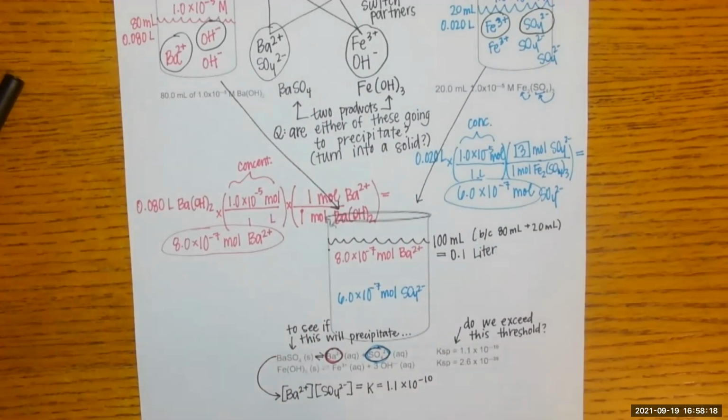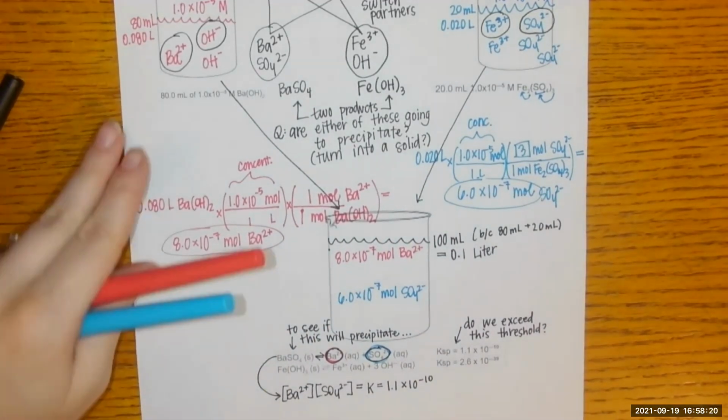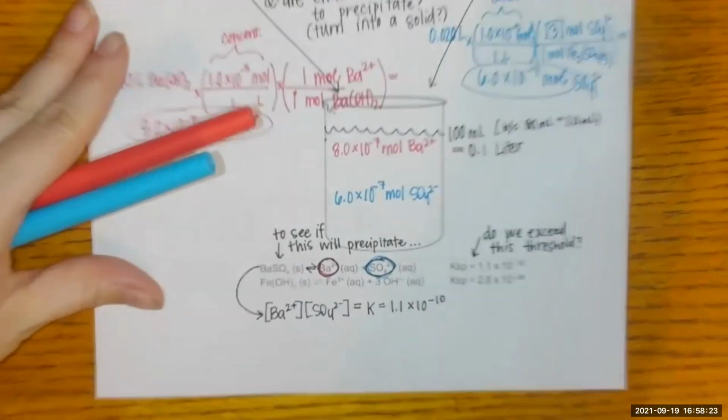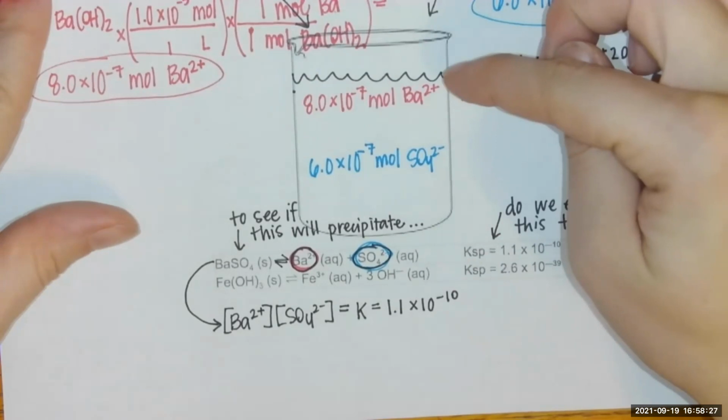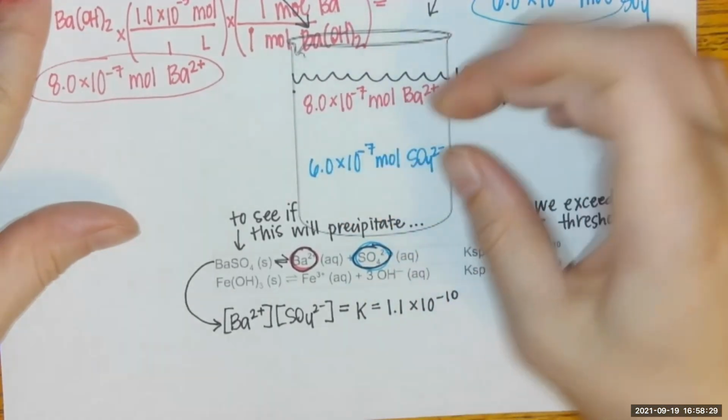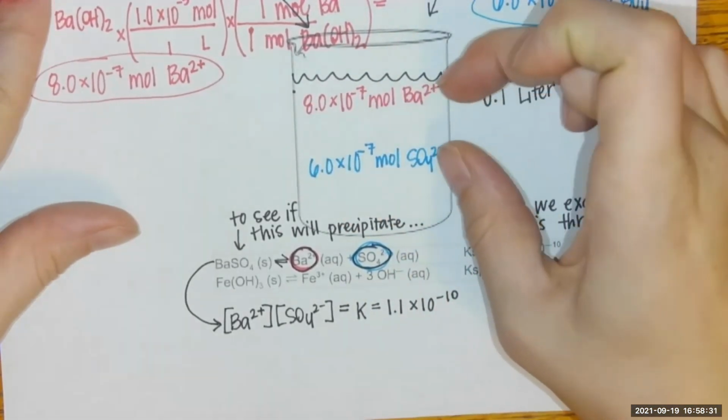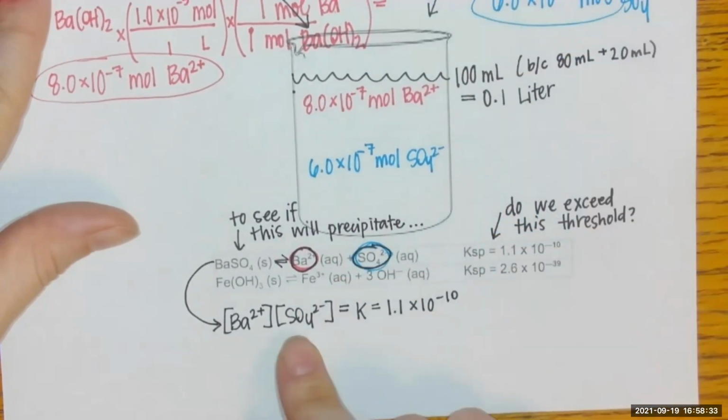I am so close. I'm so close to being able to finish this problem because I now know how much barium and how much sulfur is in the beaker.